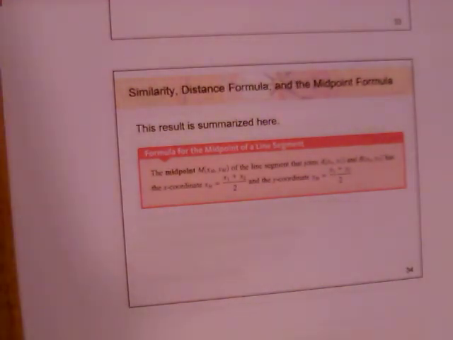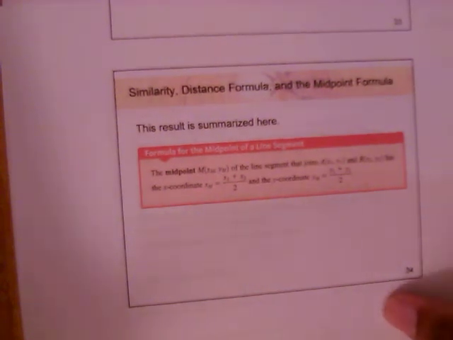The midpoint, which is M, with the coordinates (xm, ym), of a line segment that joins A, which is (x1, y1), and B, (x2, y2), has the x-coordinate xM equaling (x1 plus x2) divided by 2, and the y-coordinate would be yM equaling (y1 plus y2) divided by 2. So basically, you're just taking the average of the two points, but the average of your x-coordinates and the average of your y-coordinates.